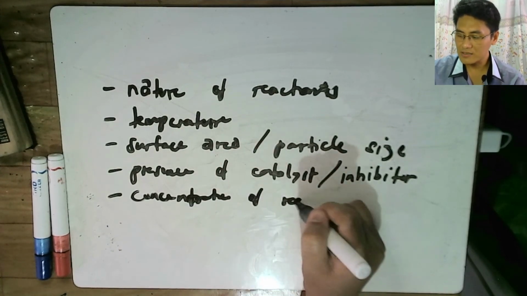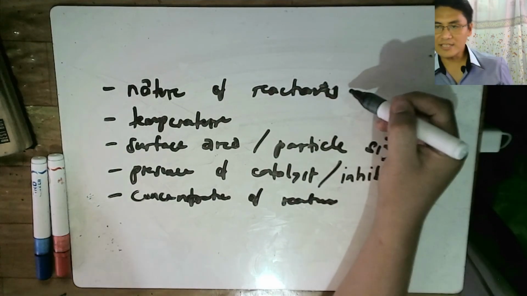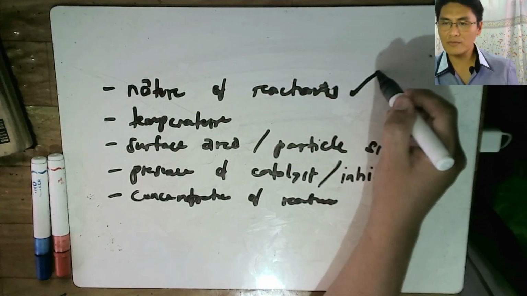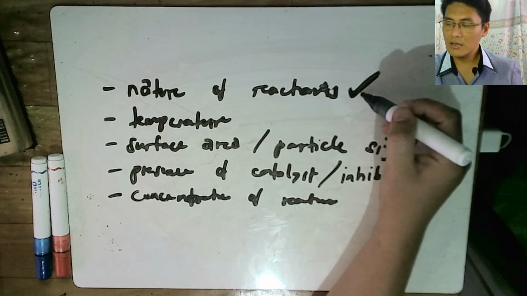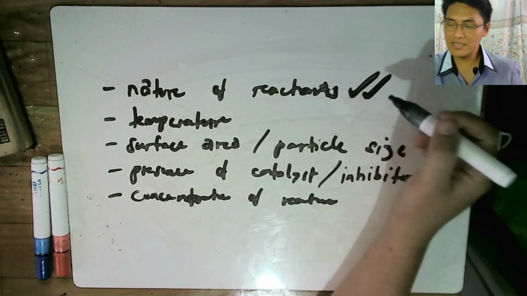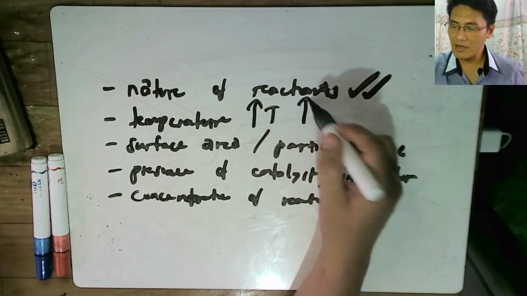So just to summarize, nature of reactants, it depends on the reactant. Some are just reactive, so that makes the chemical reaction faster. Some are very non-reactive, which makes it slower. For the temperature, the higher the temperature, usually the higher the rate of reaction.